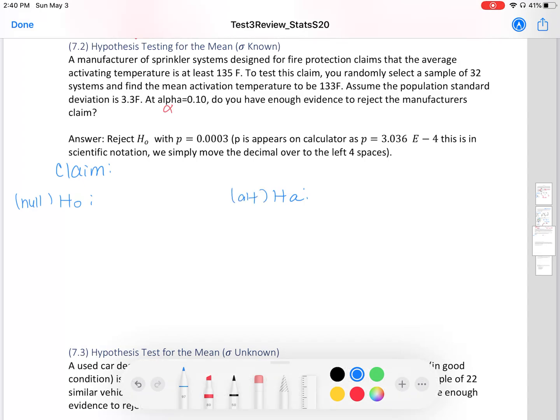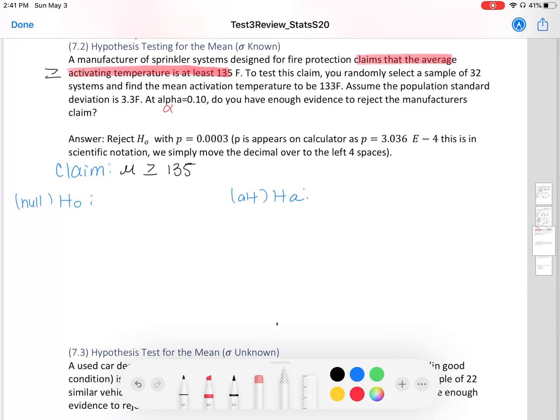All right, our claim says that the average activating temperature is at least 135. At least produces an inequality of greater than or equal to. So our claim is our mean temperature is greater than or equal to 135.